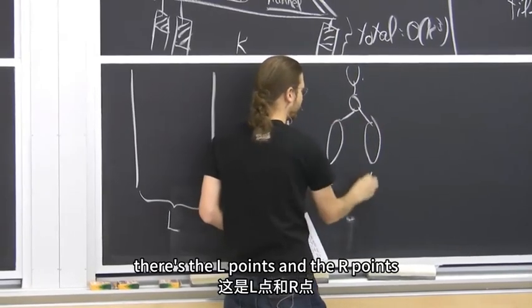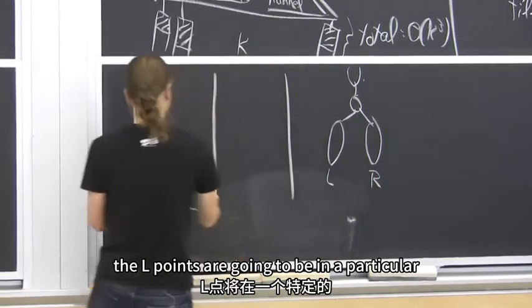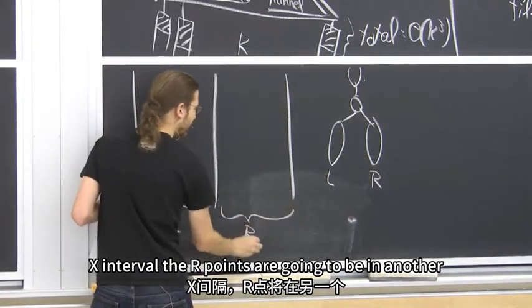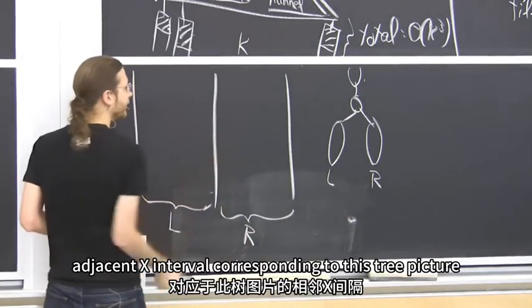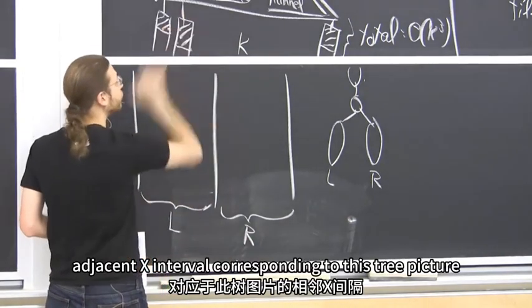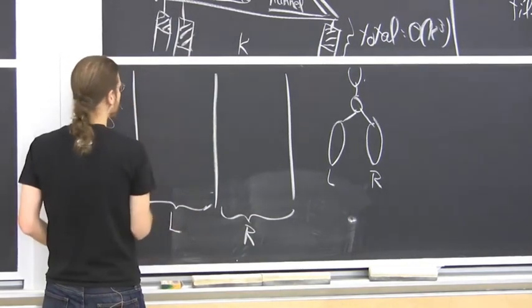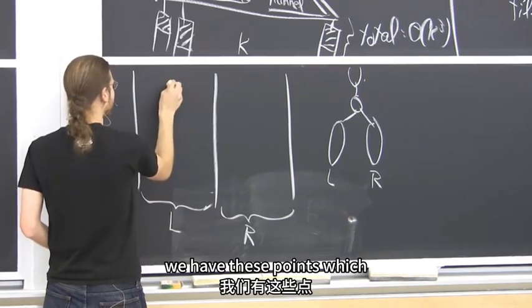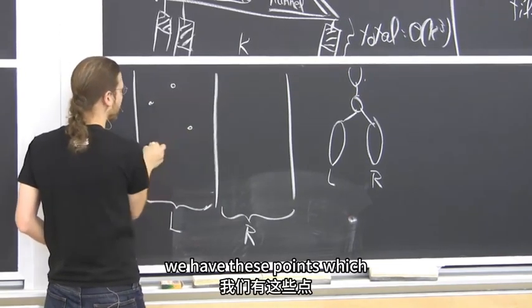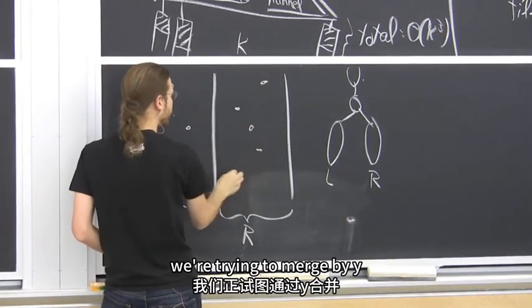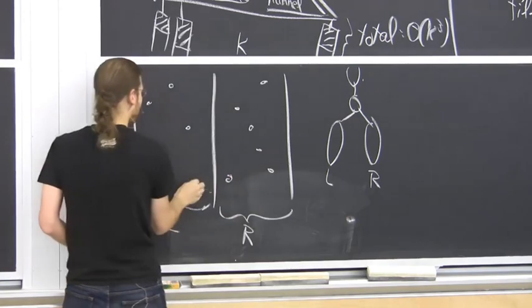There's the L points and the R points. The L points are going to be in a particular x interval. The R points are going to be in another, adjacent x interval corresponding to this tree picture. And then we have these points, which overlap in y because the whole point is we're trying to merge by y.